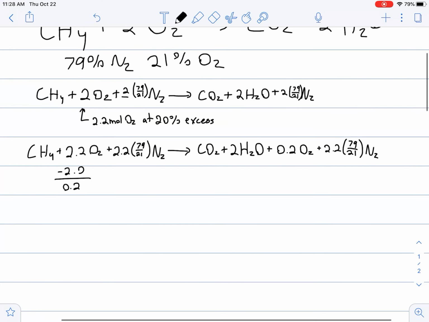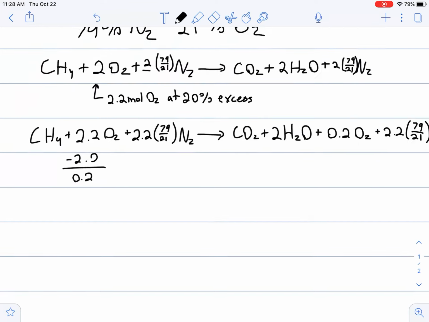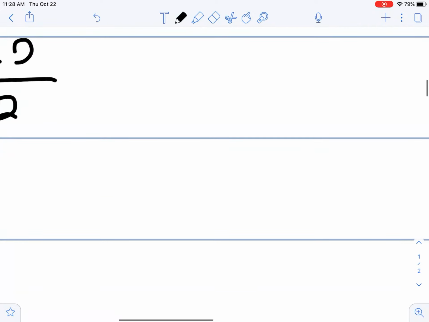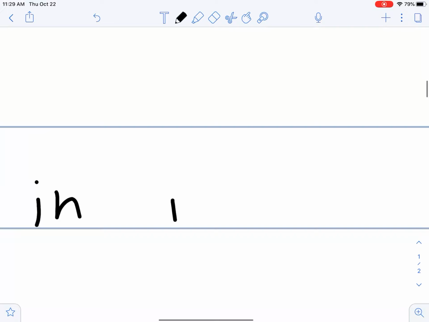And this equation right here is actually our final reaction equation for what we are doing. We have our 20% excess, we have our air incorporated, and it gives us everything that we need for the next parts of this.